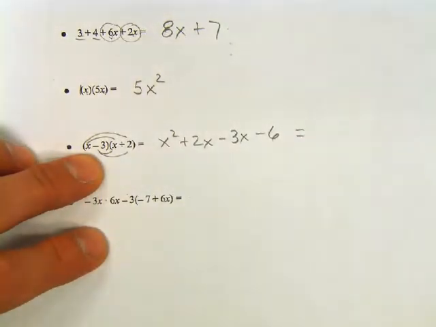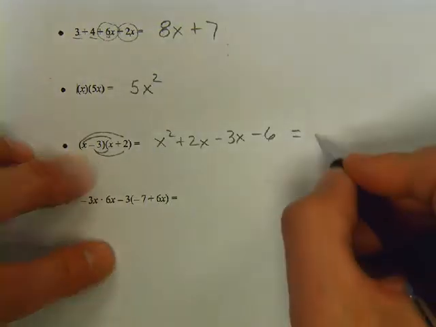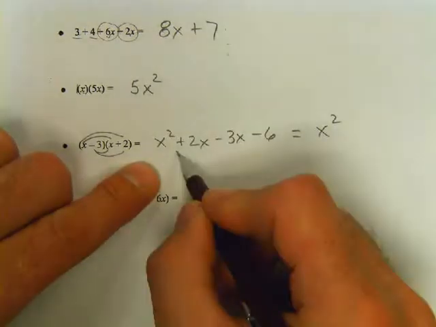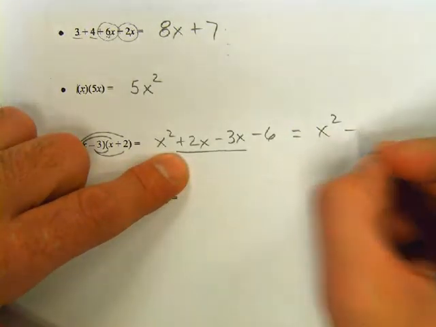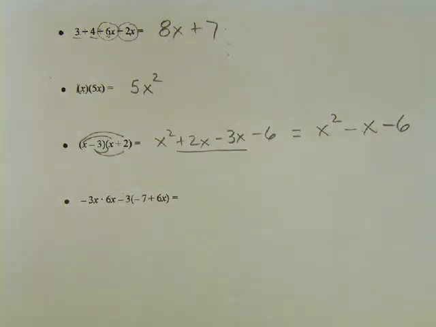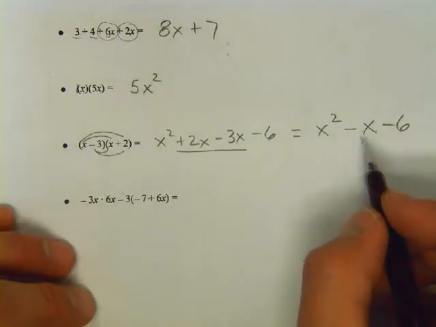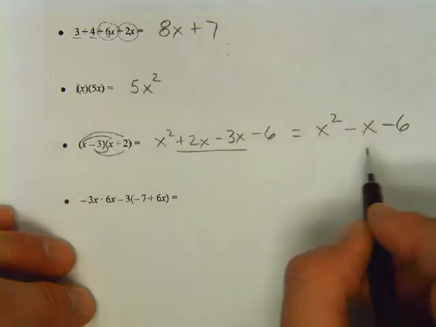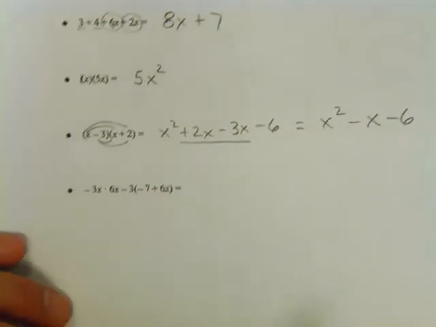And now, add like terms. x squared, 2x minus 3x is minus 1x, and a minus 6. Okay. Excellent observation. Yeah, this is what we did on the back side, except this is backwards.